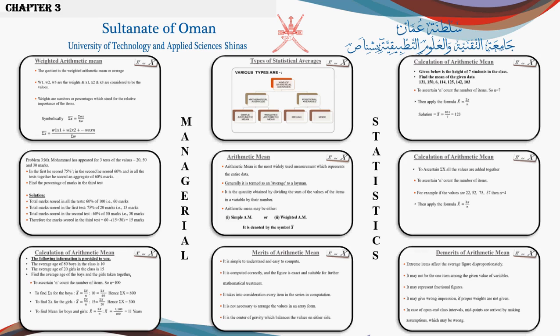In the previous slides, I had explained the meaning of averages, central tendency, the objectives of statistical averages, and their requisites and limitations. Now, in this part, let us focus on the various types of statistical averages, and I'll also be explaining the meaning of arithmetic mean and weighted average mean, their merits and demerits with simple problems.